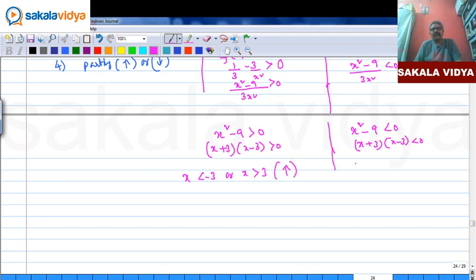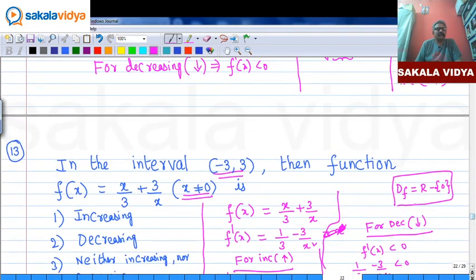Here minus 3 is less than x, x is less than 3, but x does not equal 0. This condition is very important. So, that is why in minus 3 comma 3 it is a decreasing function. So, second option is the right option, not partly increasing, partly decreasing.